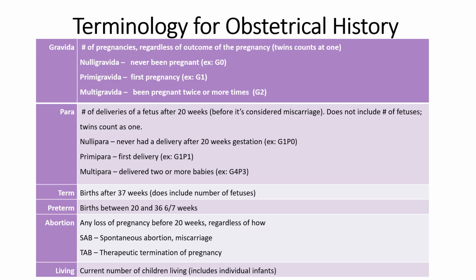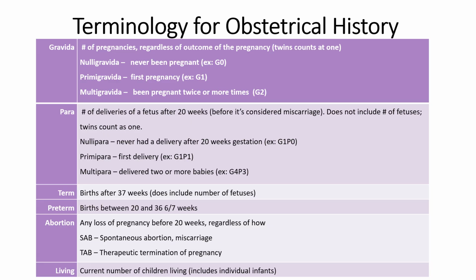Para is the number of deliveries of a fetus after 20 weeks. If you have a miscarriage or an abortion prior to 20 weeks, it is not included in the para.